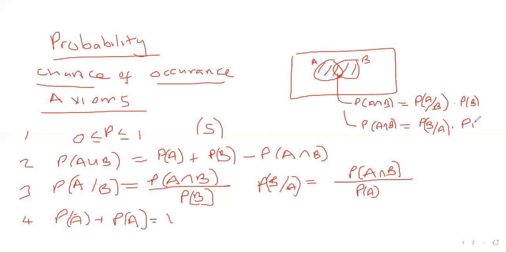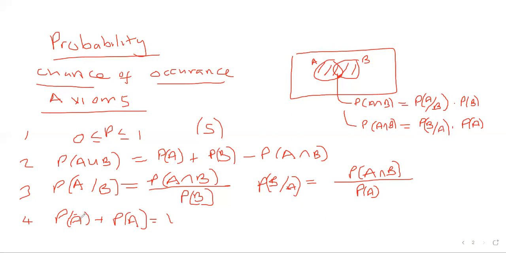So B given A times A will give you the intersection of B and A. A given B will multiply by B, and B given A will multiply by A to get the intersection.